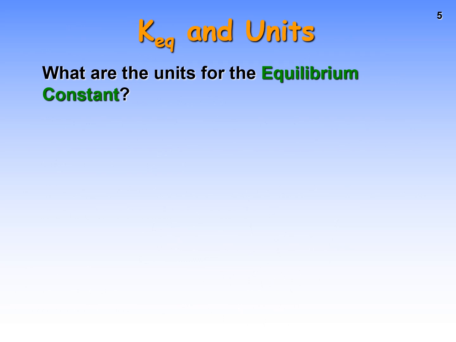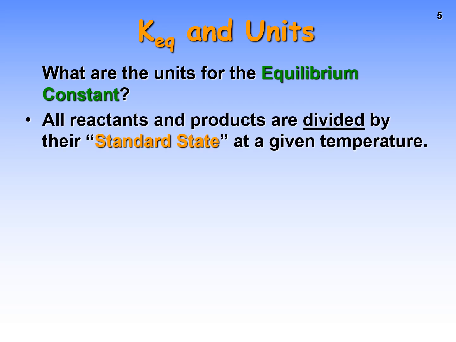So this slide is a little bit wordy, but when we want to figure out what the units of the equilibrium constant are, it's pretty simple. There are no units for the equilibrium constant. Now, why is that the case when we have concentration units in our equation? It's actually due to the fact that we kind of force it to have no units.